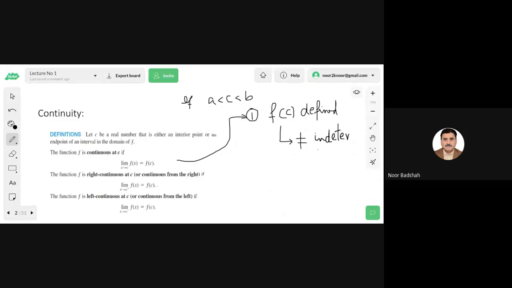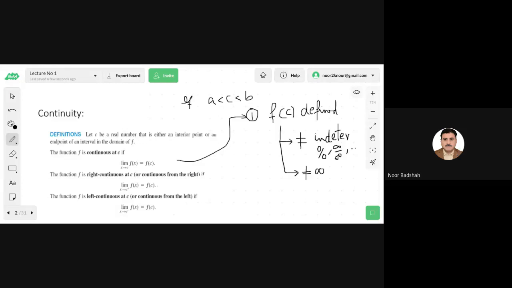Indeterminate forms, you know, are 0 by 0, infinity by infinity, 0 power infinity, 1 power infinity, infinity minus infinity, etc. So f of C will not be any one of these. And secondly, it will not be infinity either. It could be 1 by 0 or 2 by 0 or 3 by 0 or 4 by 0; anything divided by 0 will give you infinity. So it shouldn't be the case. f of C must be defined.